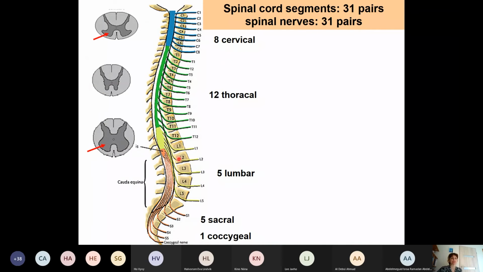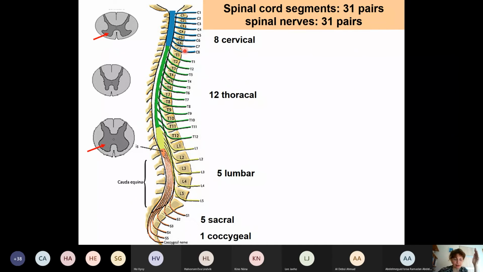And if you check the schematic drawing, you can see that we have altogether 31 pairs of spinal cord segments and 31 pairs of spinal nerves as well, because from the cervical part we have altogether 8 pairs exiting, yes. And you have to compare it a little bit with the number of vertebrae.